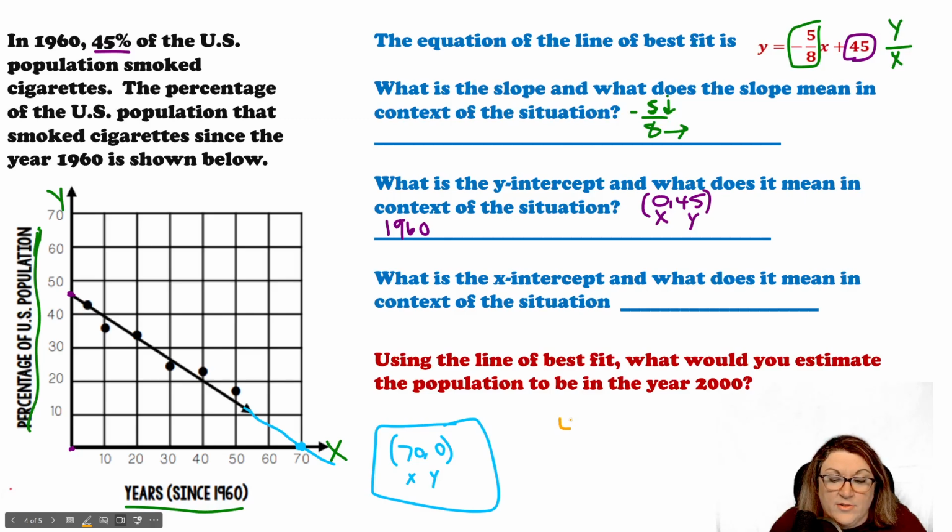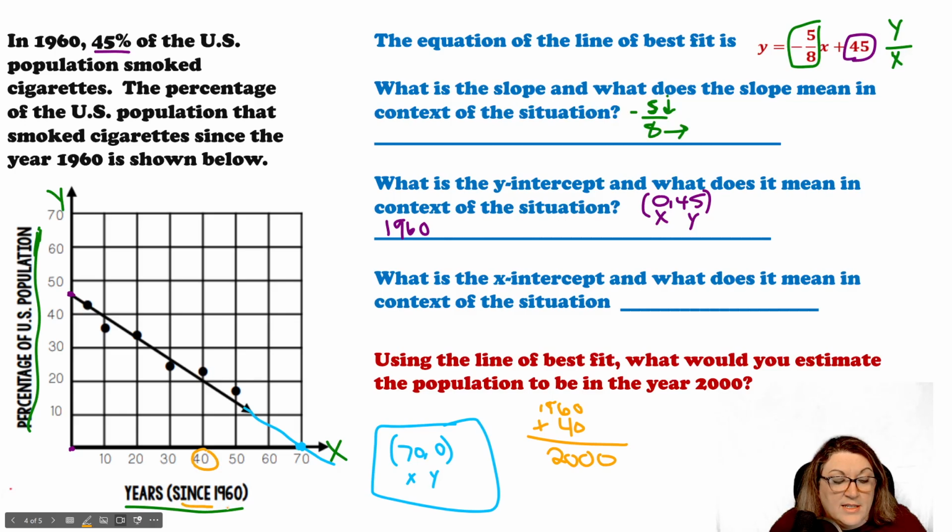Well, that's 40 years, right? If you add 40 to 1960, you're going to get 2000. So if they're asking about 2000, they're talking about 40 years since 1960, and that's right here.